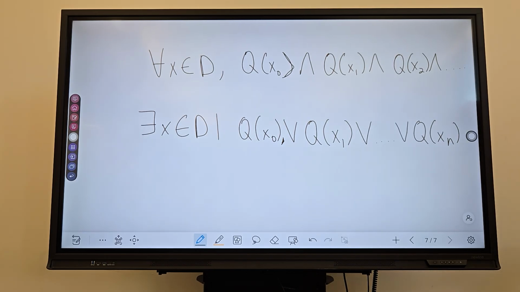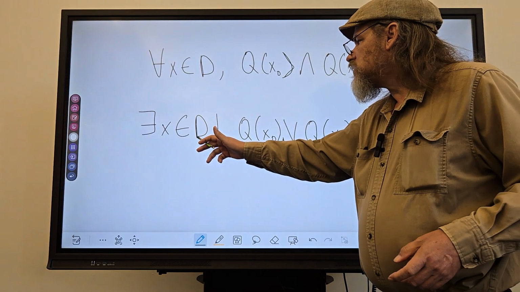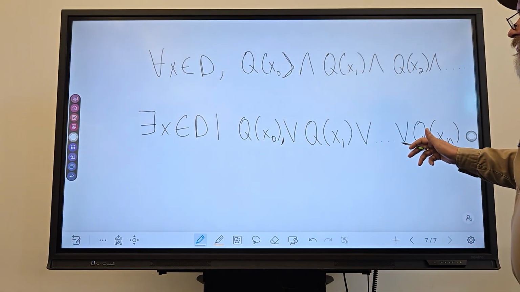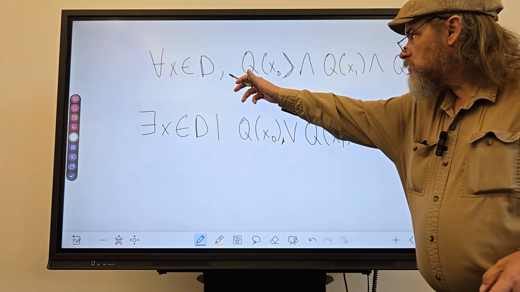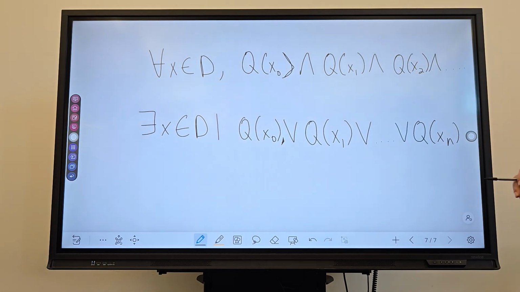So if you have a finite set for the domain, you can show truth by example here, or you could prove this by exhaustive demonstration that Q of x is true for all elements of D.